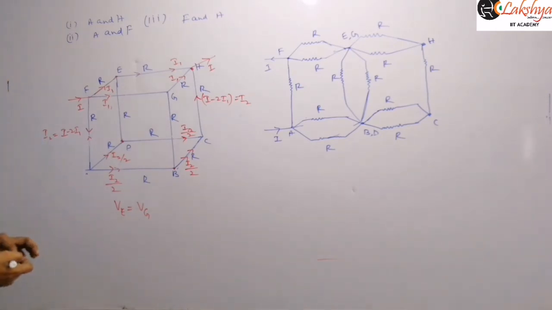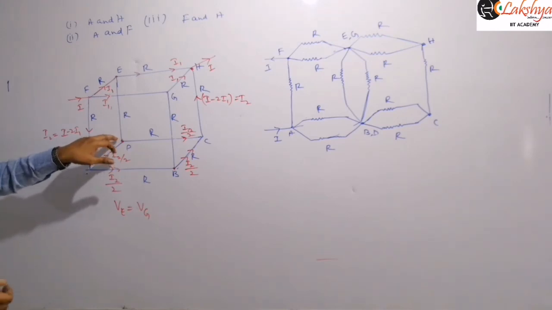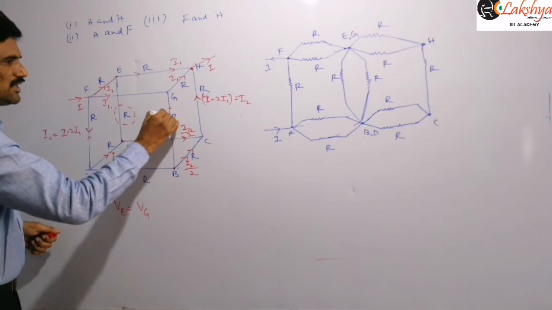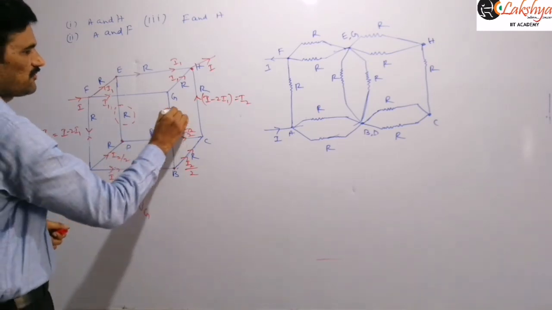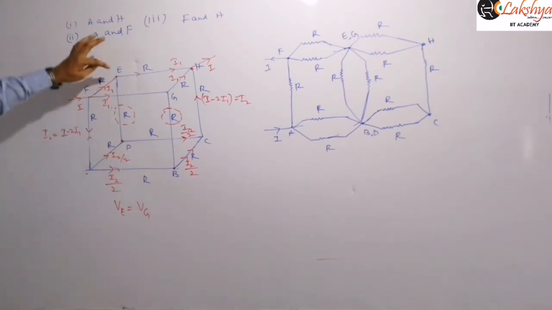Got it? From this we can conclude that there is no division of current at this junction, so this resistance will become ineffective. This resistance and this resistance will become ineffective. Is it clear? That means there is no current flowing here. There is no division of current taking place at this point, and so no current is flowing in that path.